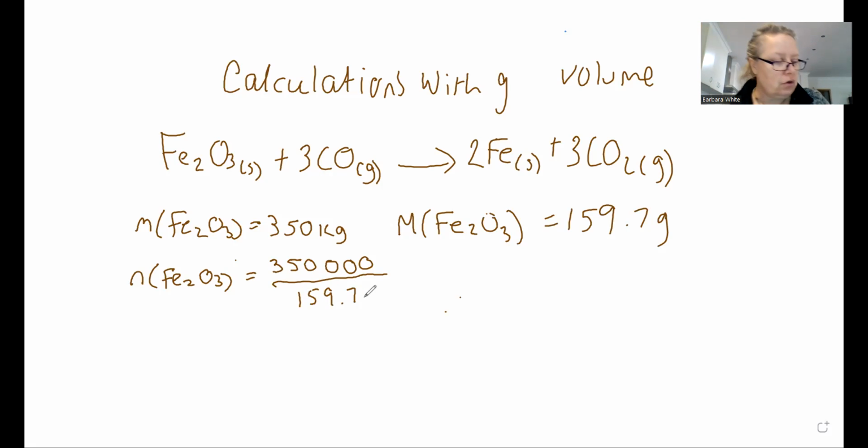Okay, so now we can work out the number of moles. I've got my calculator. 350,000 divided by 159.7 is 2191.61. That'll do for now. So the number of moles is 2191.61.